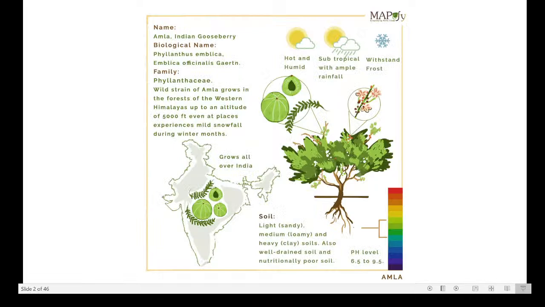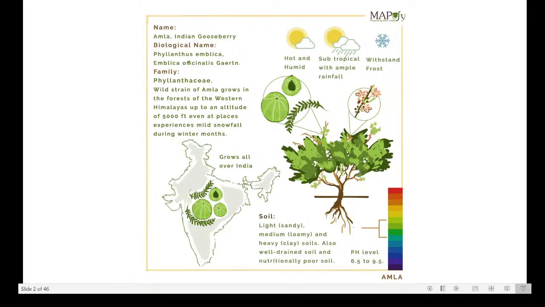Here I'm going to explain with some medicinal plants like amla and ashwagandha. I will discuss how they grow and the suitable conditions for their cultivation.